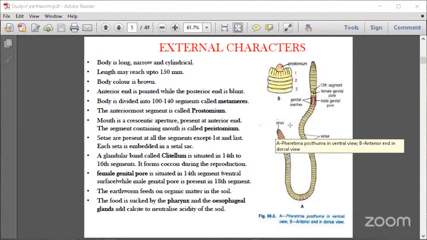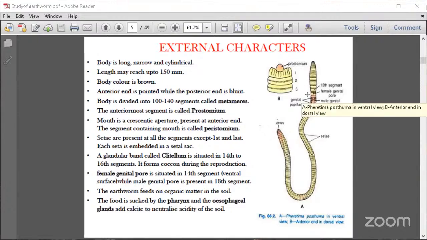Here you can see the diagram of the prostomium. The mouth is a crescentic aperture present at the anterior end. The segment containing the mouth is called the peristomium.